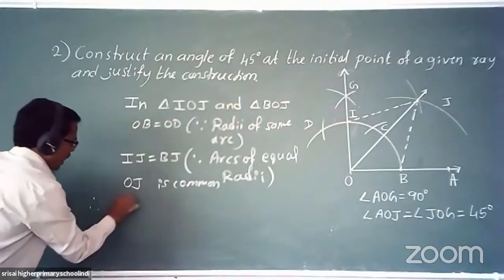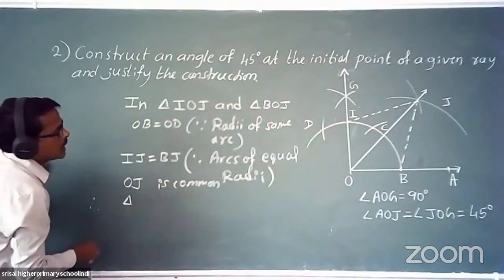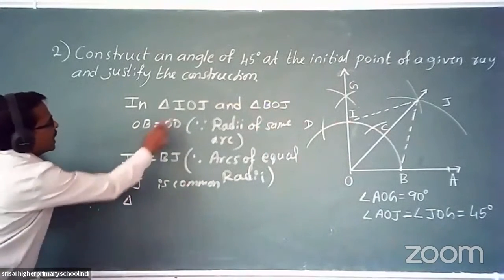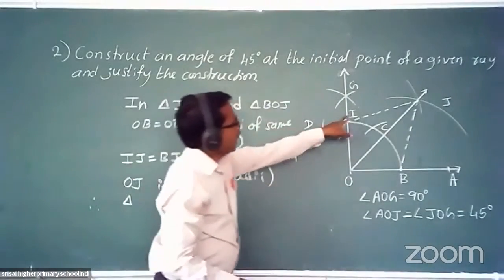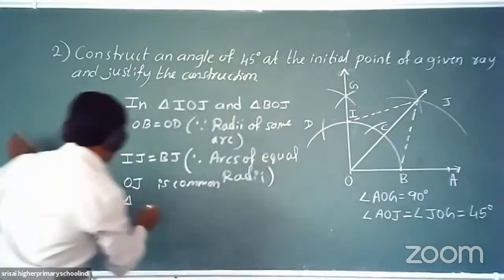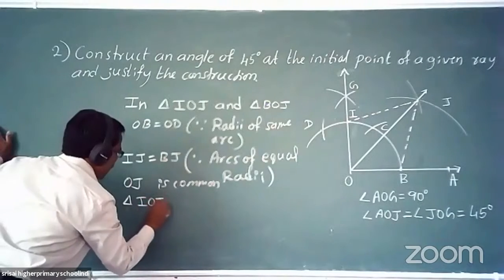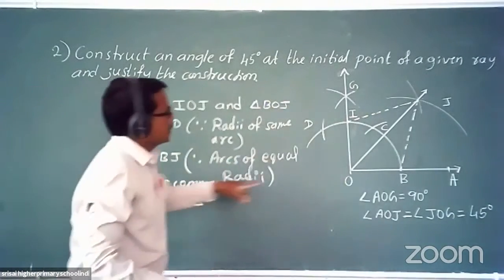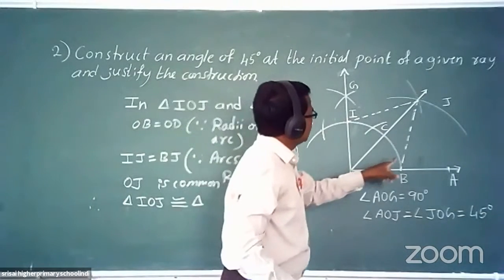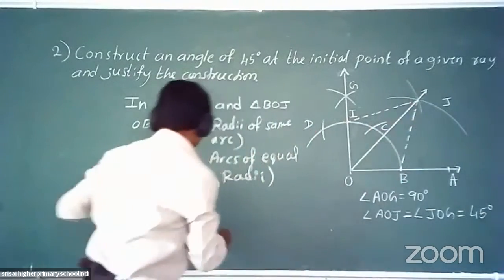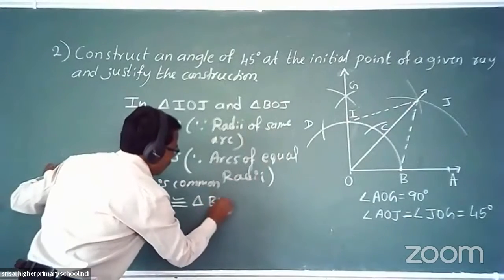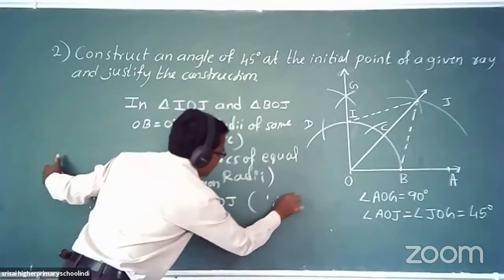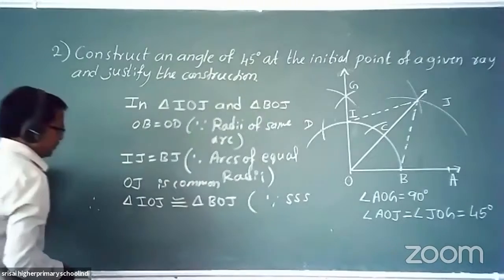Therefore, triangle IOJ is congruent to triangle BOJ by the SSS congruence rule.